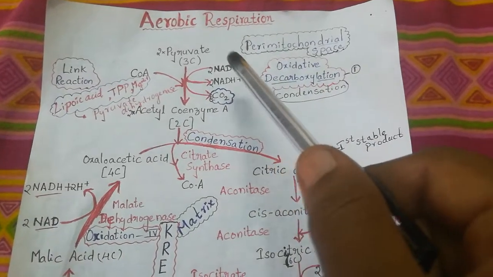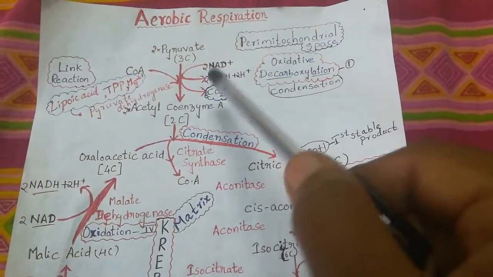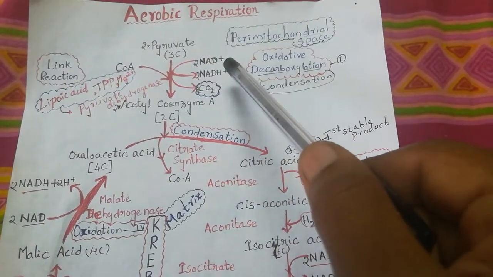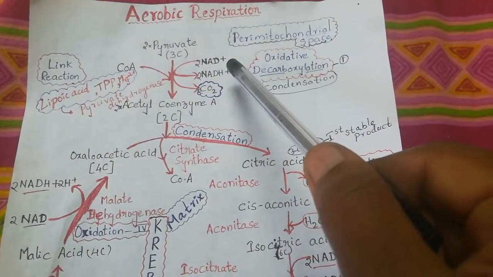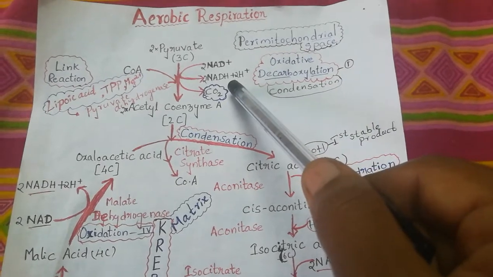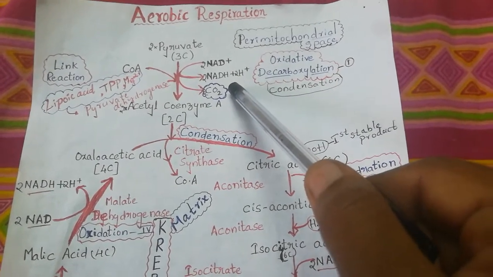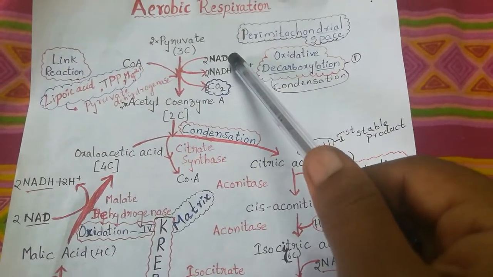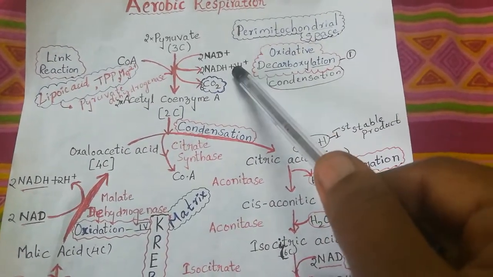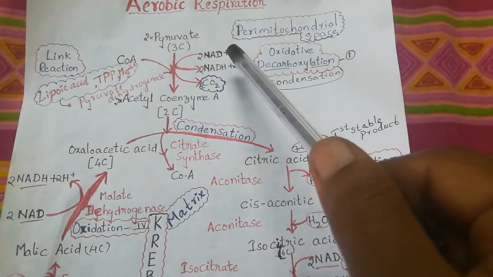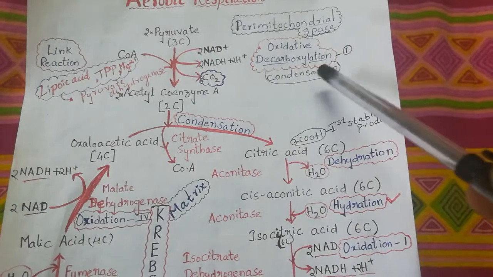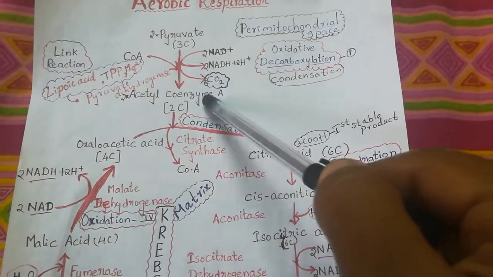First, pyruvate undergoes oxidation and loses hydrogen atoms. Those hydrogen atoms released from pyruvate are accepted by 2 molecules of NAD to form 2 molecules of NADH2. In complete respiratory reactions, we see only the coenzyme NAD but not NADP. These 2 coenzymes are different, not the same. Next, it also undergoes decarboxylation and releases carbon dioxide.